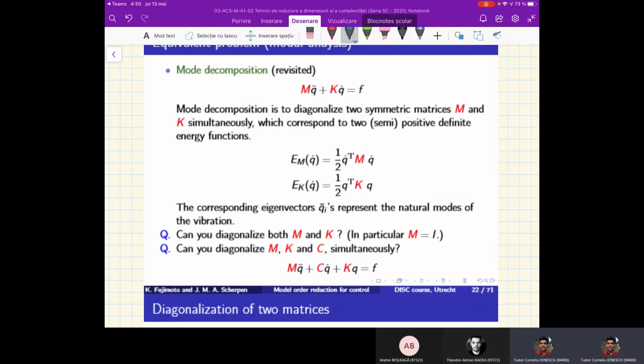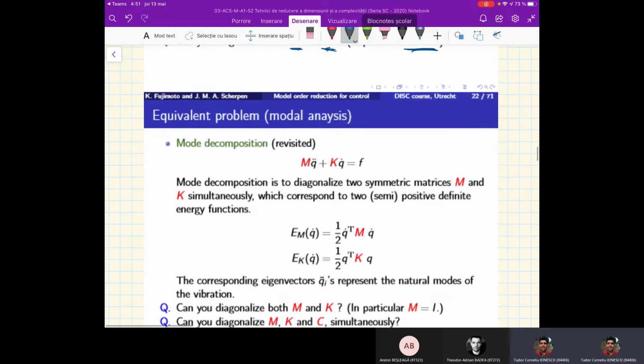Moreover, can you diagonalize simultaneously if you have the complete physical system? Because here you have no elastic force, but here you have elastic or gravitational force, which depends on the position. Can you diagonalize this simultaneously? I think there is a mistake here.